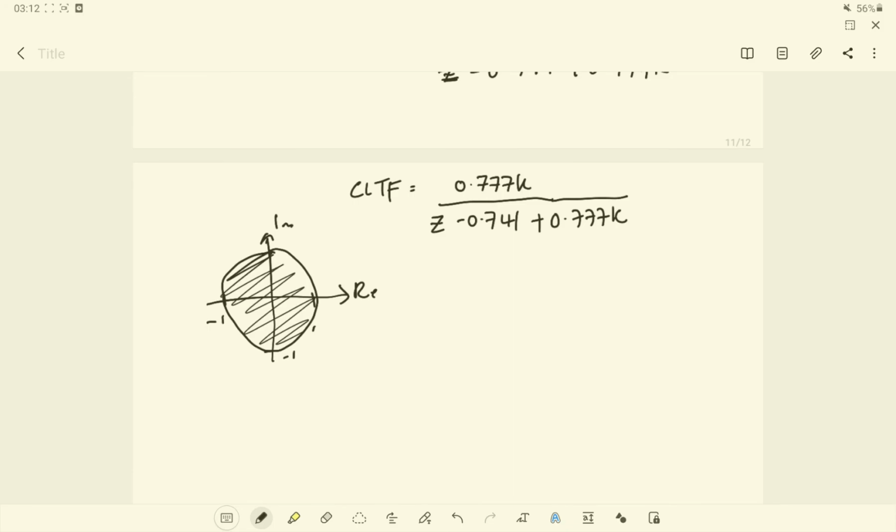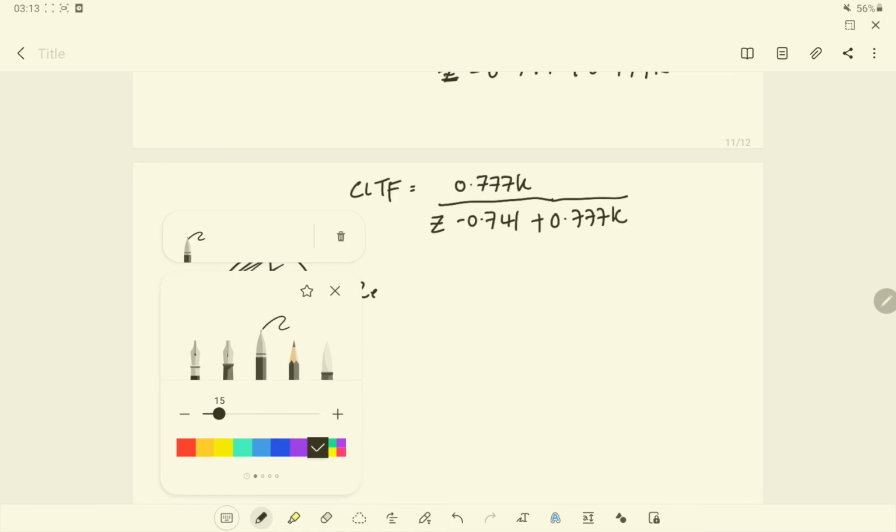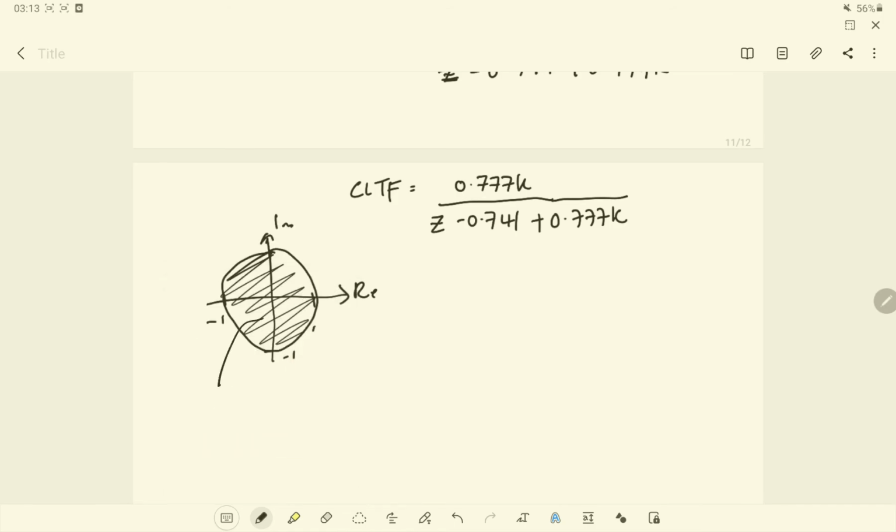Okay, so you have to make sure in order to make the system stable, the location of poles is within the unity circle. So the denominator is equal to 0 in order to find the value of the poles. So Z minus 0.741 plus 0.777K equal to 0.